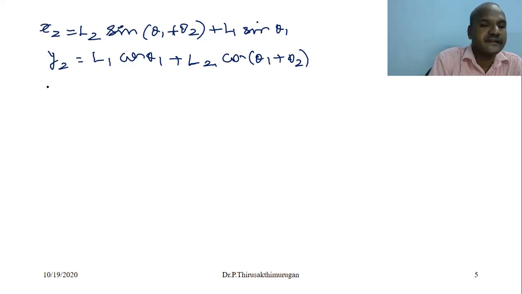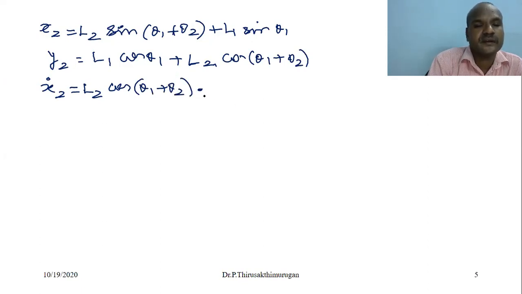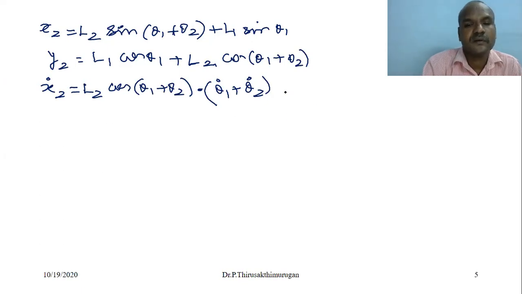Now let's find x2 dot equal to L2 cos theta 1 plus theta 2 into theta 1 dot plus theta 2 dot, plus L1 cos theta 1 theta 1 dot.